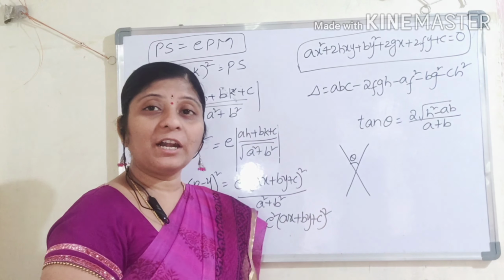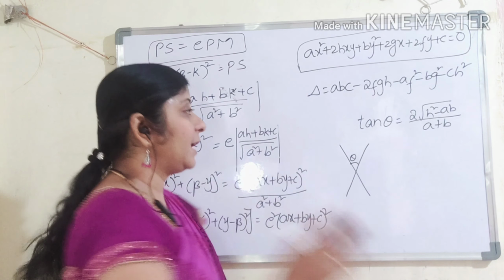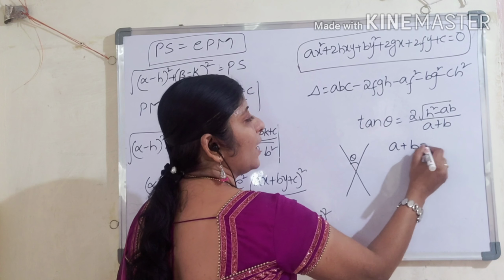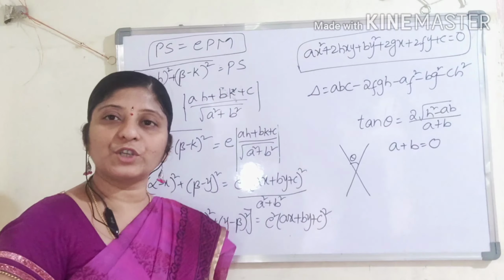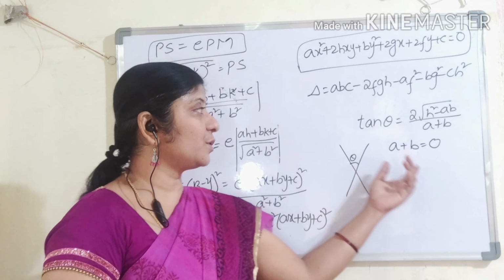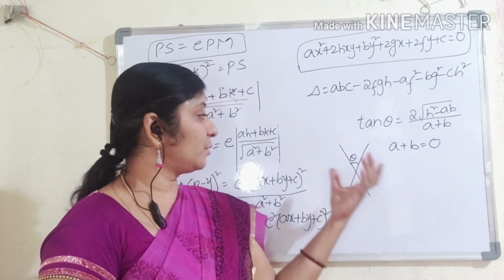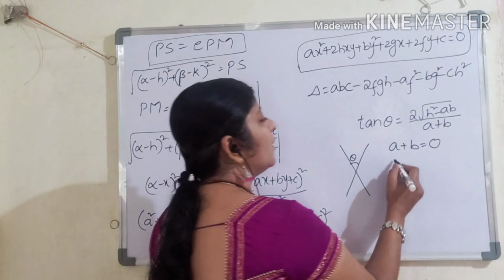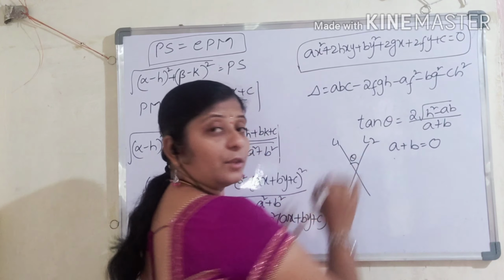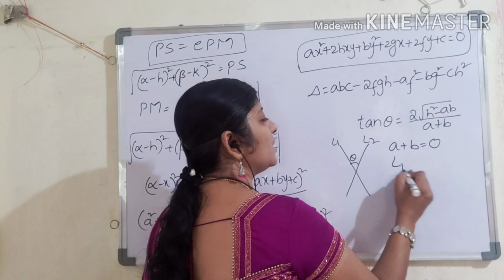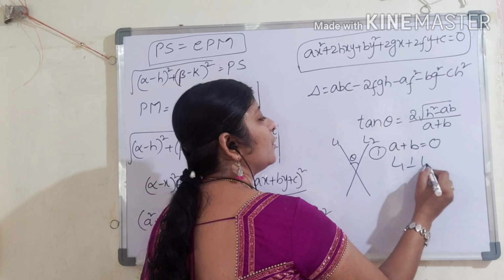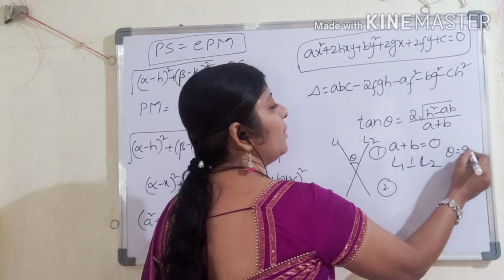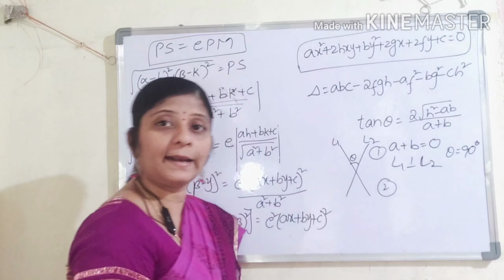We get perpendicular lines when a plus b is equal to 0. That means the sum of the x square coefficient and y square coefficient is equal to 0. Then the two straight lines, let us say L1 and L2, are perpendicular: L1 perpendicular to L2, and theta is equal to 90 degrees.